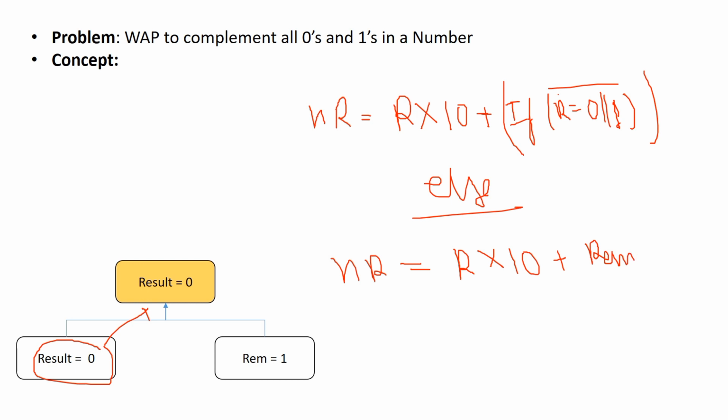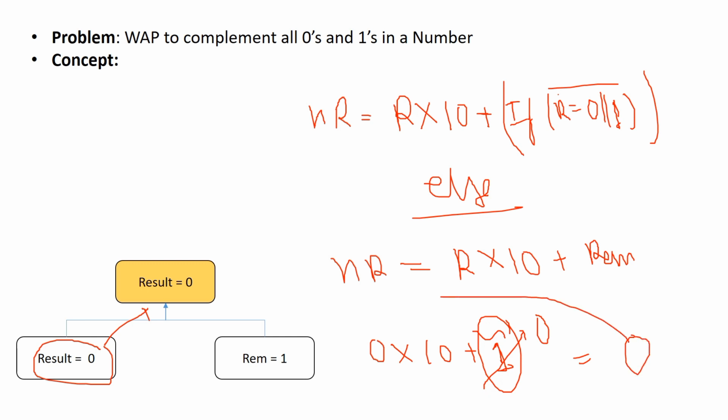So in this case your result, which is 0, into 10 plus the complement of your remainder 1, which comes as 0. So 0 into 10 plus 0 is 0, which is your result.